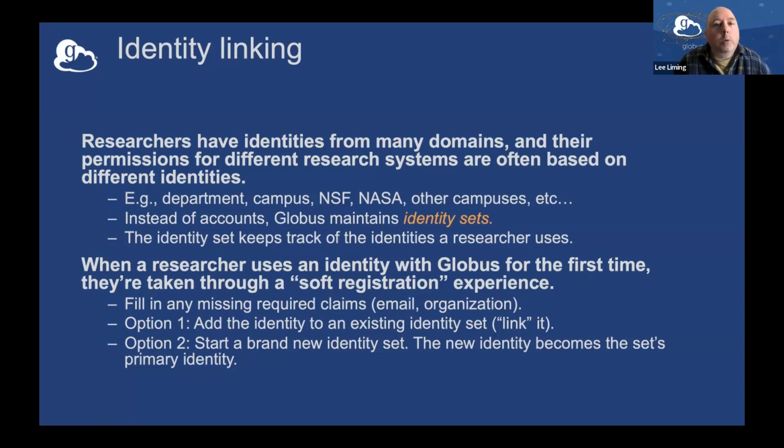And so what Globus allows researchers to do is to link up all those identities. And when you log into an application with Globus, the application can be aware of all of those identities, not just a single one.